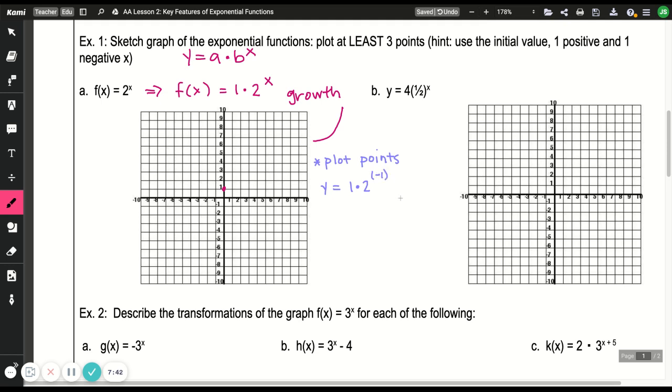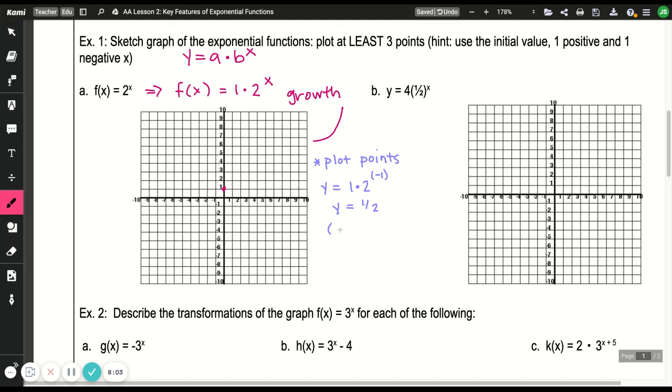Hopefully you have a real calculator and not just your phone. If I plug that in, what do I get for y? If I type this into the calculator, y equals 1/2. If you pick something like -9, you're going to get a decimal so small it's not going to work, so try to stay within 1 or 2.